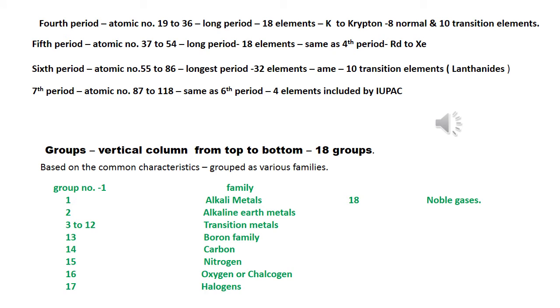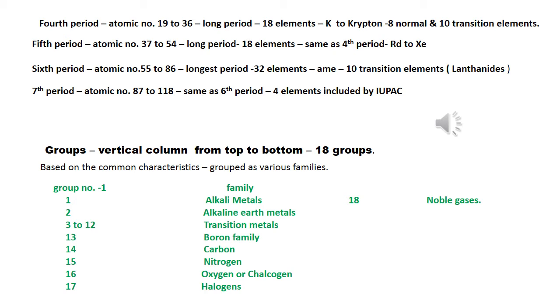Proceeding to the fourth period, atomic numbers 19 to 36. It is a long period, consisting of 18 elements from potassium to krypton. Among those 18 elements, 8 elements are normal and 10 are transition elements.